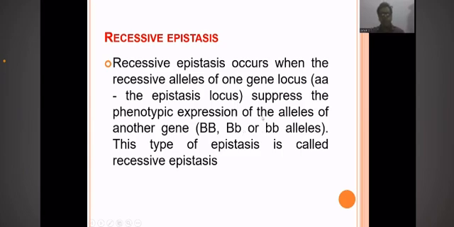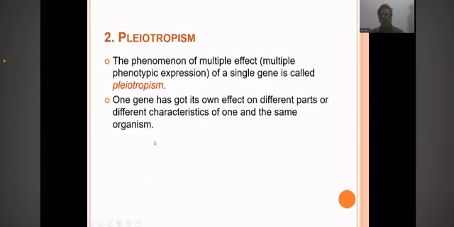And this is again homozygous recessive alleles. So recessive epistasis expresses itself when the recessive alleles of one locus, for example, aa or bb alleles, suppress the phenotypic expression of the alleles of another gene. For example, it could be capital B, or a heterozygous allele. This type of epistasis is called recessive epistasis.